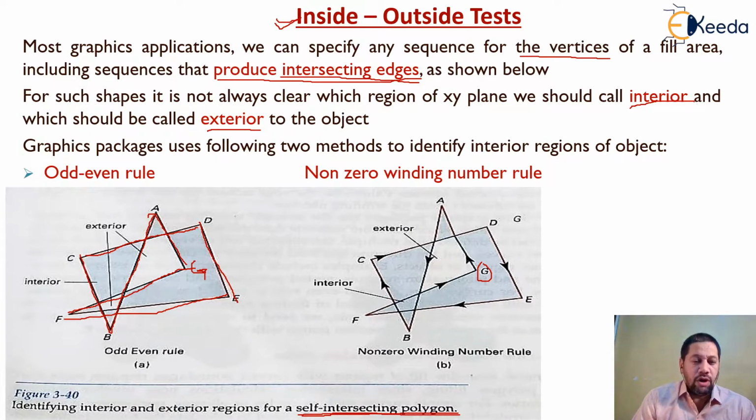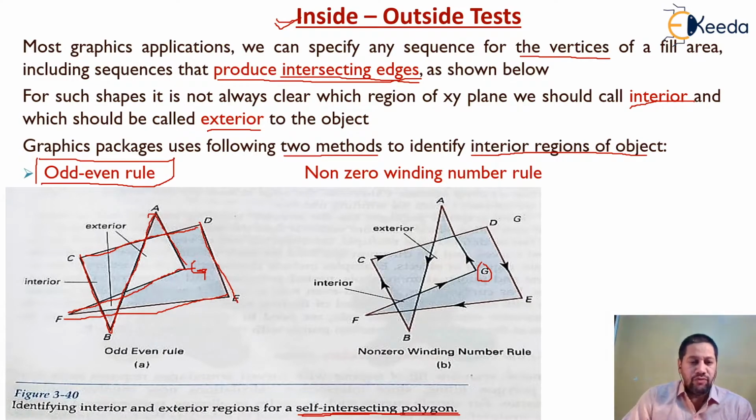Now, is there any method for it? Yes, we have two methods for it. Graphics packages use the following two methods to identify the interior regions of an object. The first method under the inside outside test is the odd even rule, and the second method is known as the non-zero winding number rule.